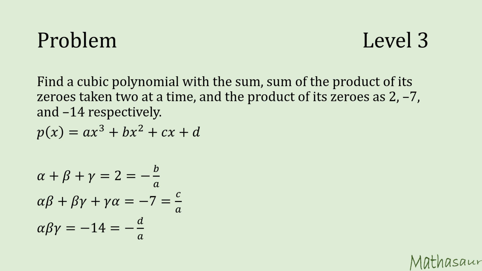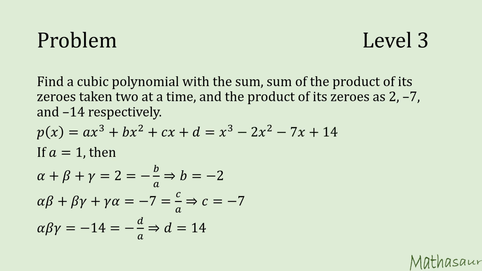Let us take the simplest. Let's call a as 1. That gives us values for b, c and d. Now we can substitute the values of these coefficients in the polynomial. We could have taken any other value for a. But remember that a has to be non-zero. Only then the polynomial would be cubic.